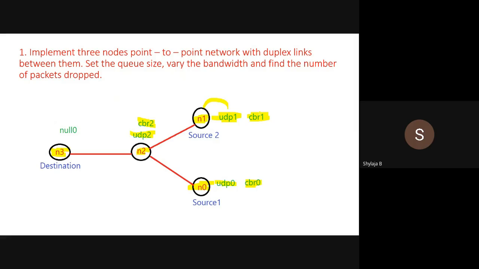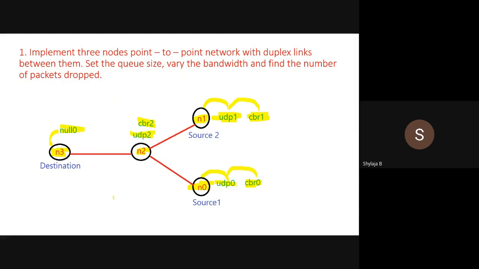Then we will create a CBR agent and attach it to the UDP agent. Same thing for node 0 and node 2: create a UDP agent, attach it to the node, then create a CBR agent and attach it to the UDP agent. For the destination, we are using a different agent called null agent. So we have created a null agent named null 0 and we are attaching that to node 3.